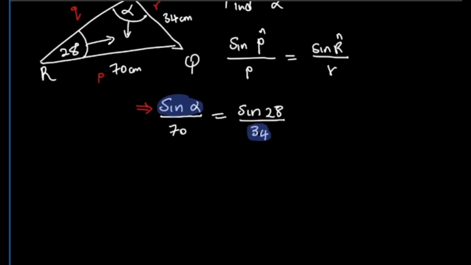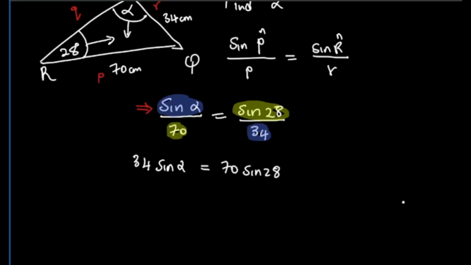Then you're going to take the 70 and multiply that with the sine of 28. You understand that part? Yes, sir. Okay, 100%. So now, when we write this down, we're going to have 34 sine of alpha equals 70 times sine of 28.